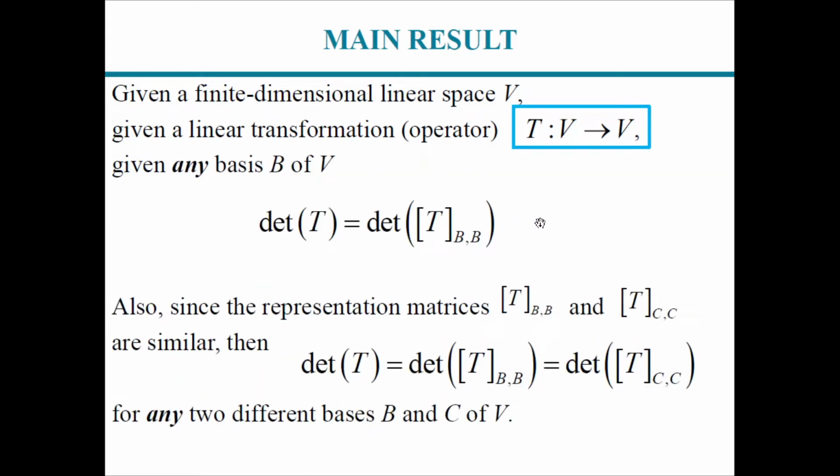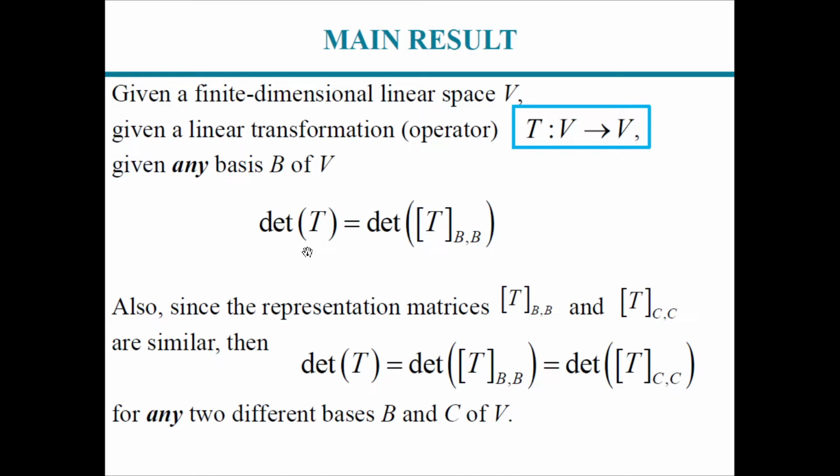Another interesting thing is that the determinant of the linear operator, so T from V to V, is equal to the determinant of the representation matrix in any basis. So if you take the representation matrix in basis B, well, you compute that matrix, obviously a square matrix, and you compute the determinant, that's the determinant of the linear operator here.